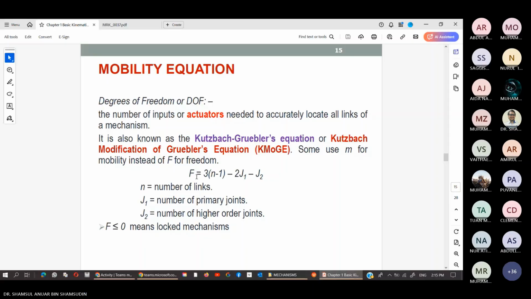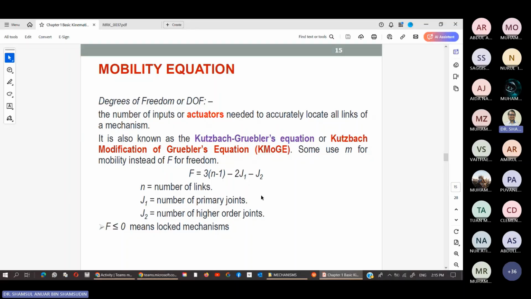So this is why in the previous class we categorized the joints of the mechanism into J1 or J2. I hope you still remember that.